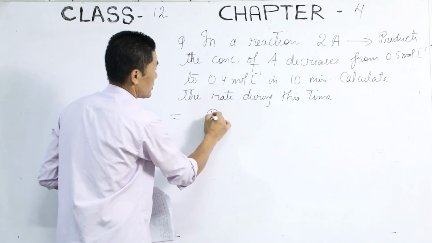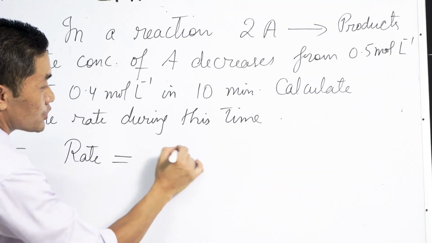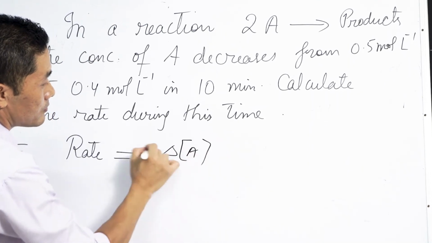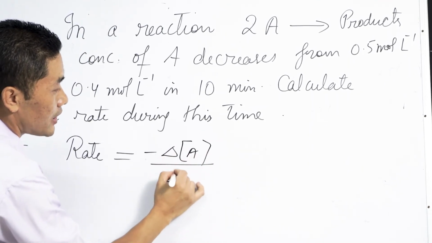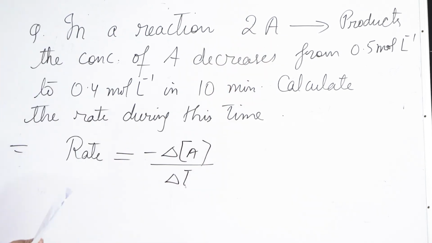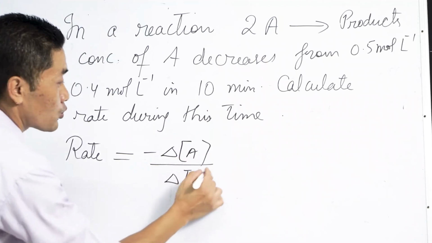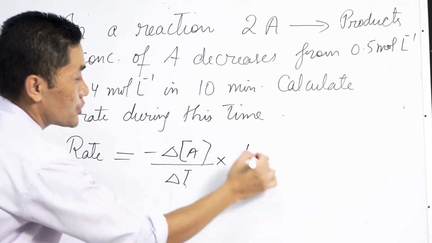So rate will be equal to the change in concentration of A divided by time. Since 2 moles of A give only 1 mole of the product, this equation will be divided by 2.